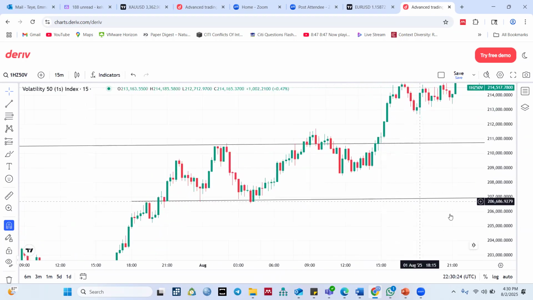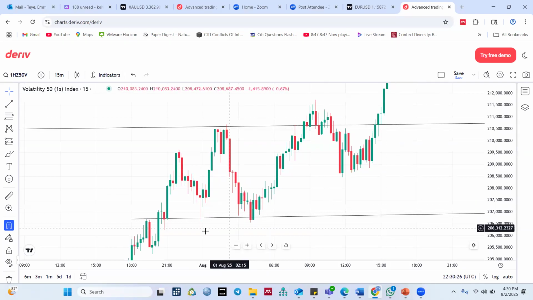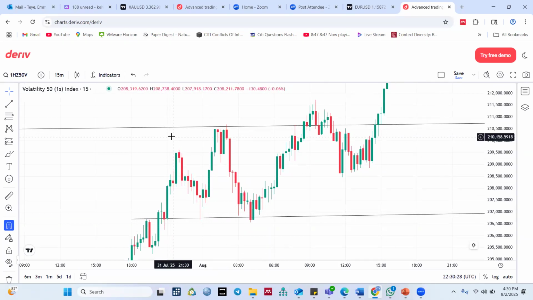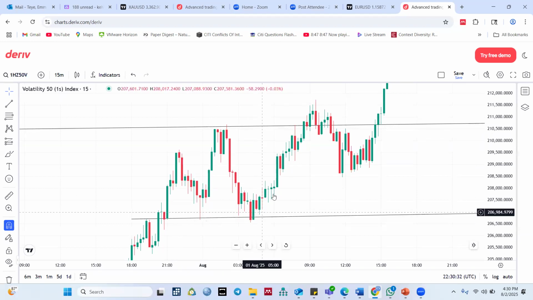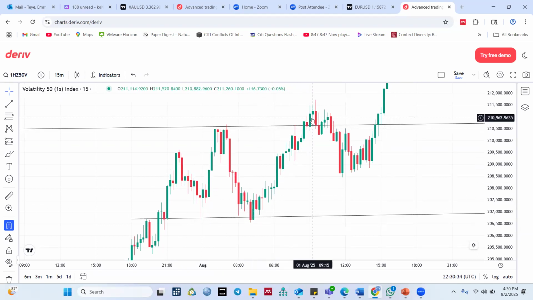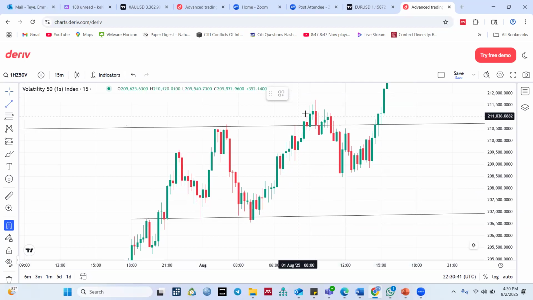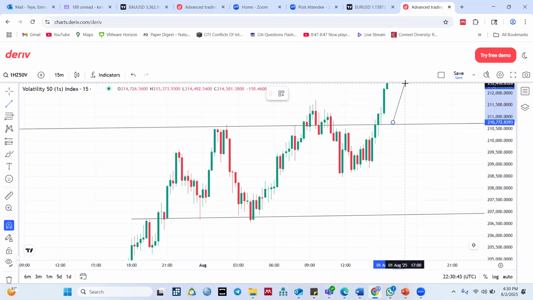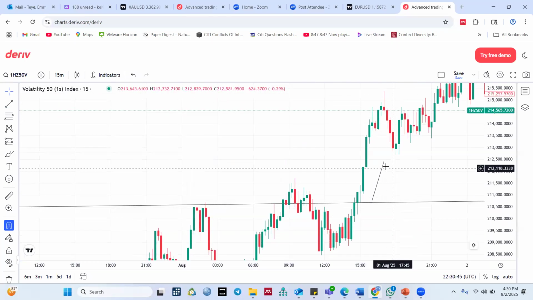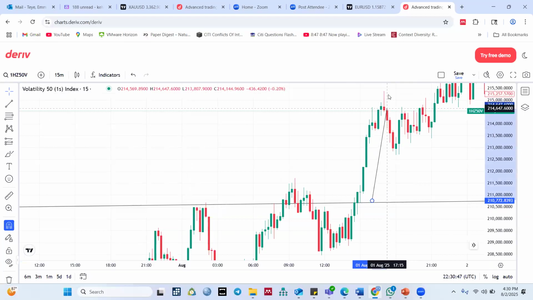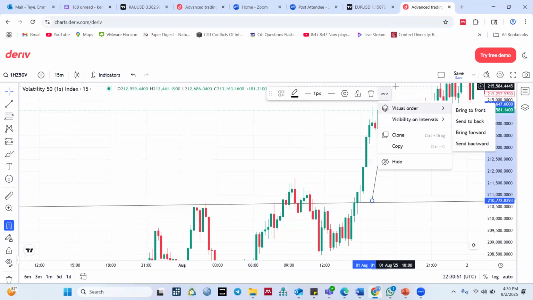Price moved up to this area, pushed down, moved up to this area, pushed down, moved up here again, pushed to the downside, and then finally, when it got here, it broke to the upside. Notice it's out of the range. Once it got out, look at the way it expanded, as it broke out.